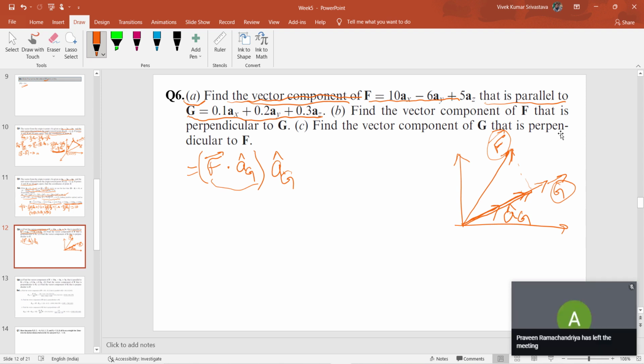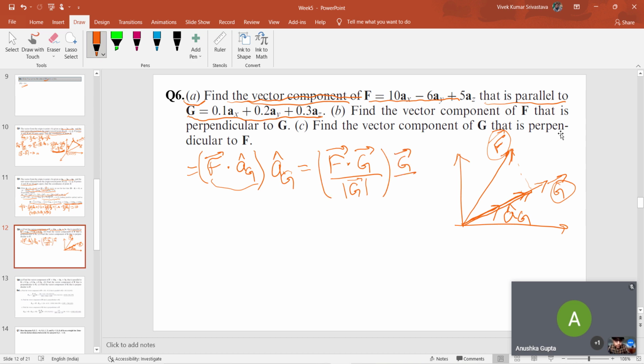First of all you have to find out the value of ag here, or you can simply replace ag as f dot g divided by modulus of g, into g by modulus of g. You can write this equation similar to this one.